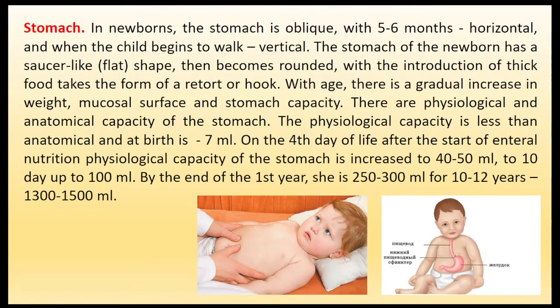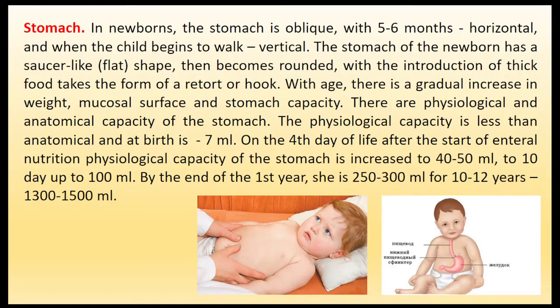Physiological capacity is 7 milliliters at birth, and you must remember this, because it is the volume of just one feeding of mother's milk in this period. You study the baby's feeding and remember about it.